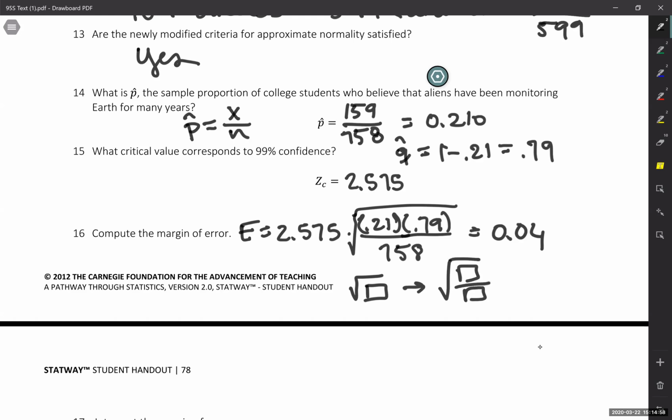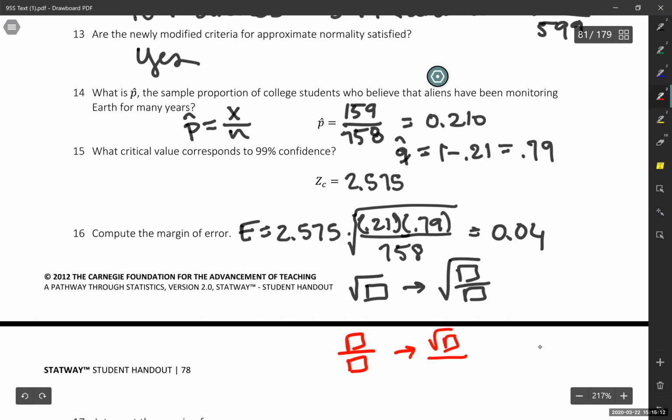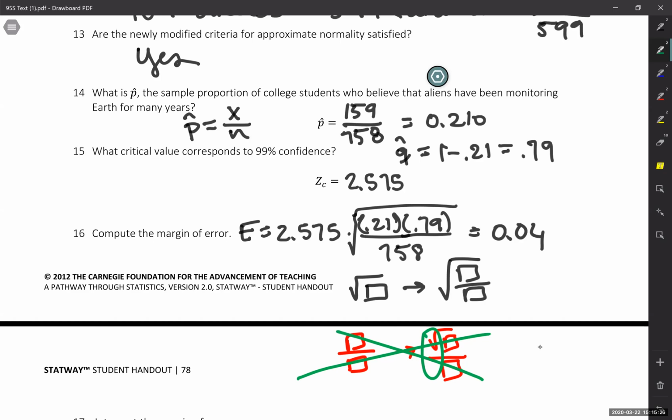If you type the n over d first, so this would be the bad way, if you started off with this and then you hit this, go up and you hit the square root button, you're usually going to end up with something like this. And you'll notice in the second option, the square root goes to the denominator. So this is bad. Don't do that. You want to put the square root button first and then use the n over d button to get that fraction. And again, just pause it if I'm going too fast with these calculations, and make sure you're getting the numbers and then continue on with the video.